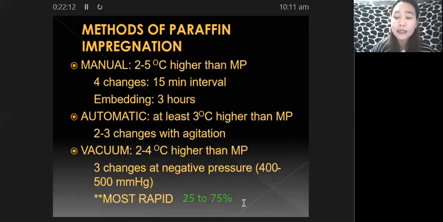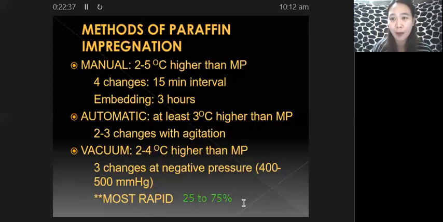In clearing, is there hardness? Yes, that's a consequence of using your clearing agents, particularly in a routine procedure. In routine procedure, what do we use? Saline. What is one of the effects of saline? Hardness in your tissue sample. So there's hardness, hardness, hardness. It would not make sense to make it even harder in paraffin impregnation.